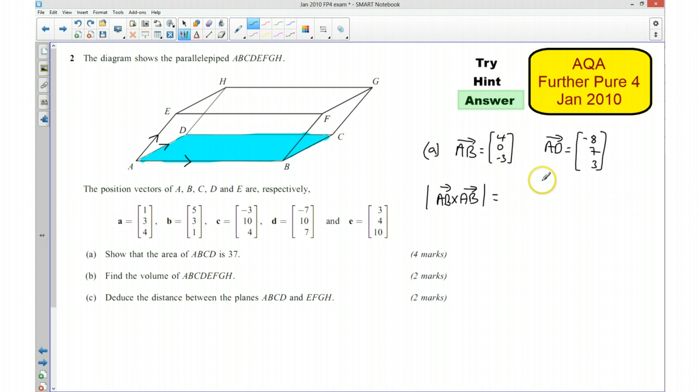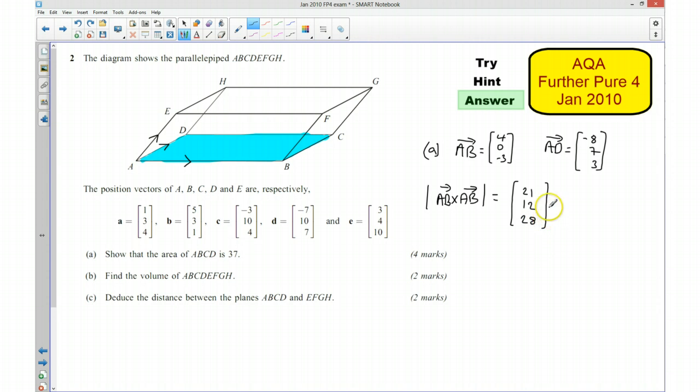If we find the cross product of AB and AD, the top one's going to be 0 take away -21, so that's 21, and then the next one's going to be 12 take away 24, which is -12, but remember we take the negative of this, so that's 12, and the next one is 28 take away 0, so that gives me 28.